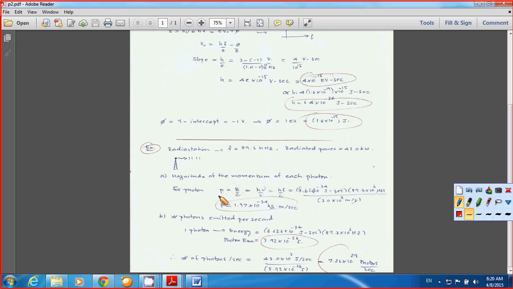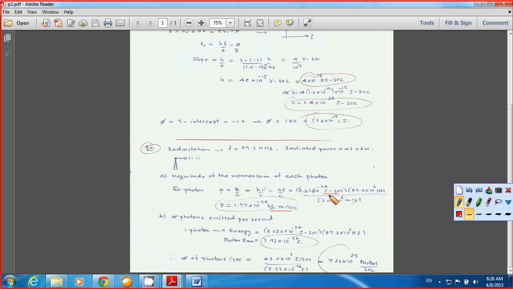P is related to the energy of the photon: simply divide the energy by the speed of light. E equals hf, or h nu; sometimes they use a different symbol here. So you plug in h. You want P in SI units, so h needs to be in joule second.